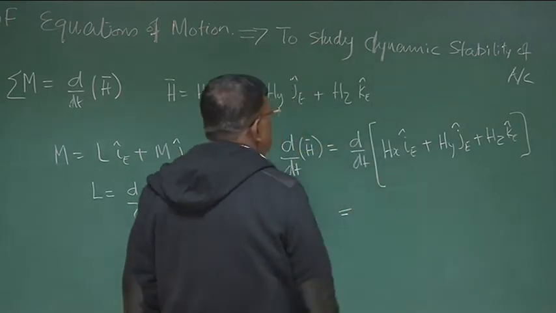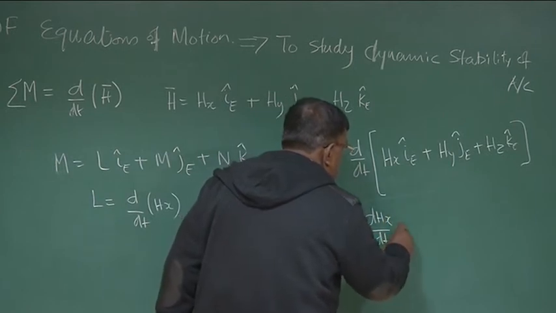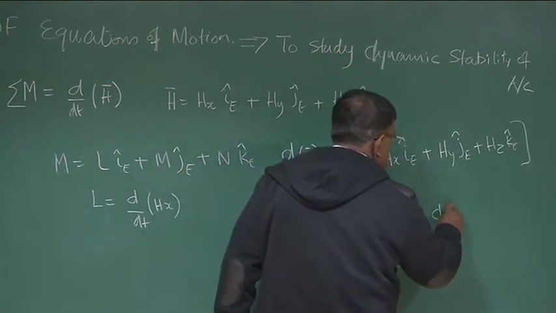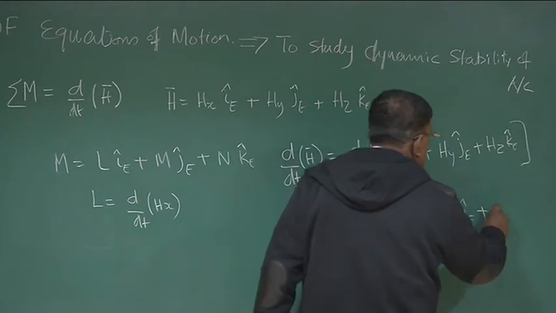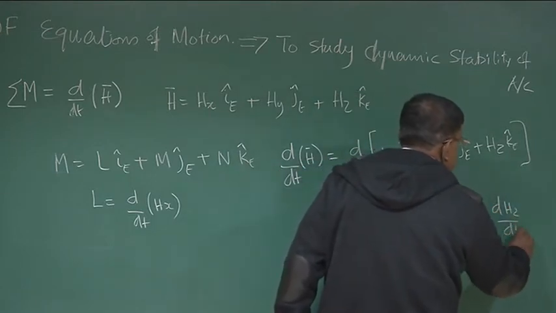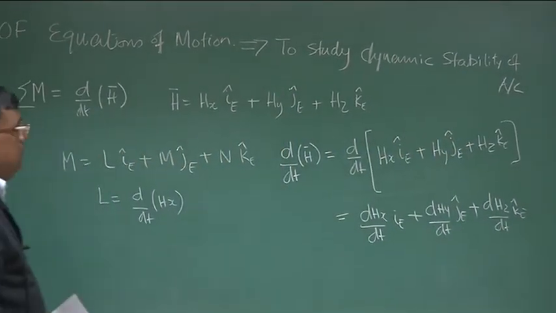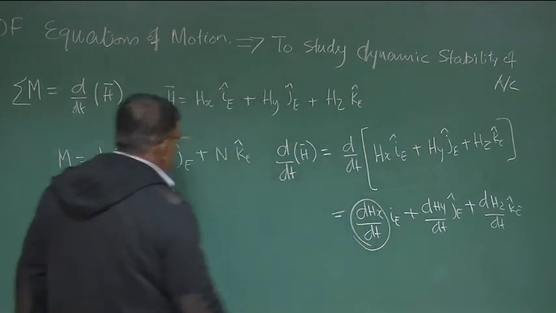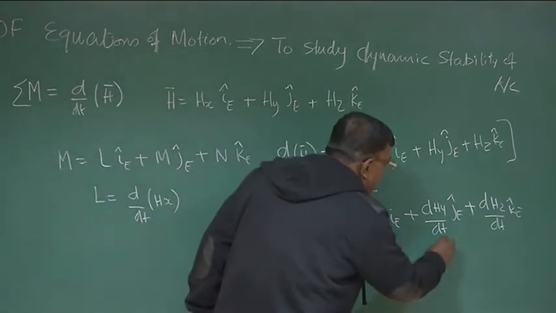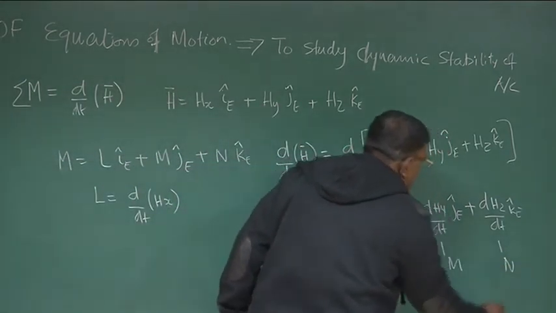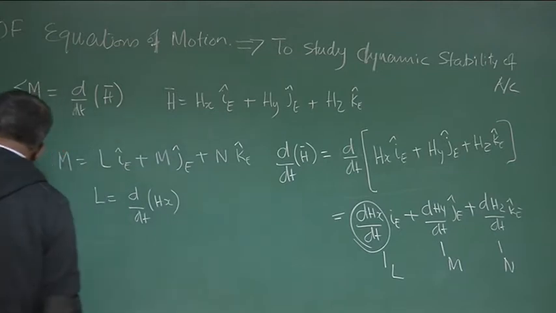If I expand it, I get dHx by dt iE plus dHy by dt jE plus dHz by dt into kE. No problem? Clear about it? For the first I am writing L, for the second M, and for the third N. So I can write this as L iE plus M jE plus N kE.